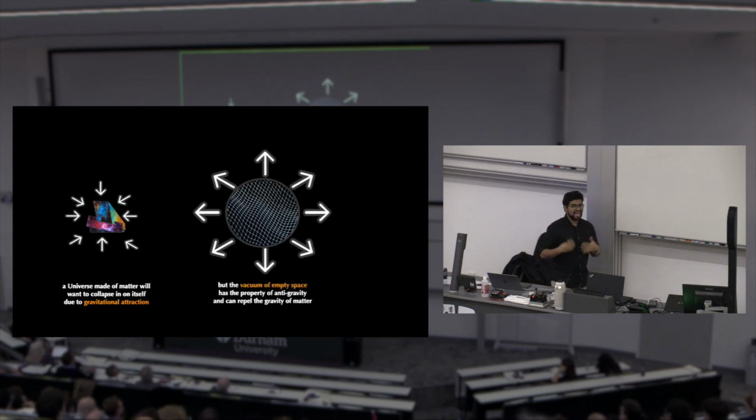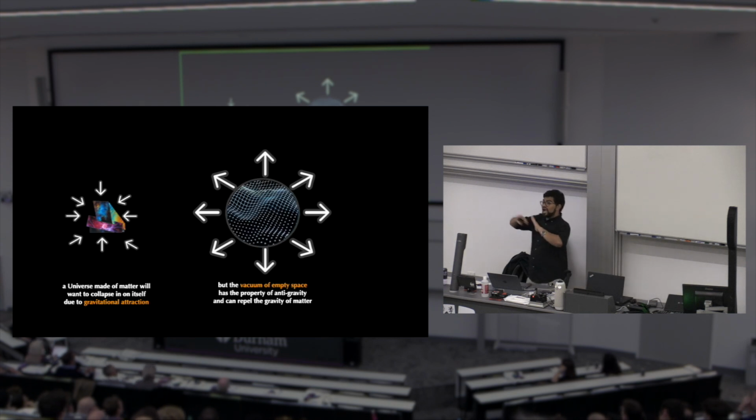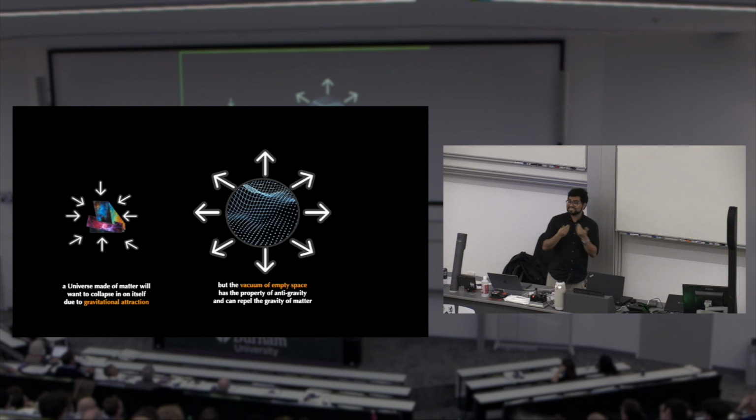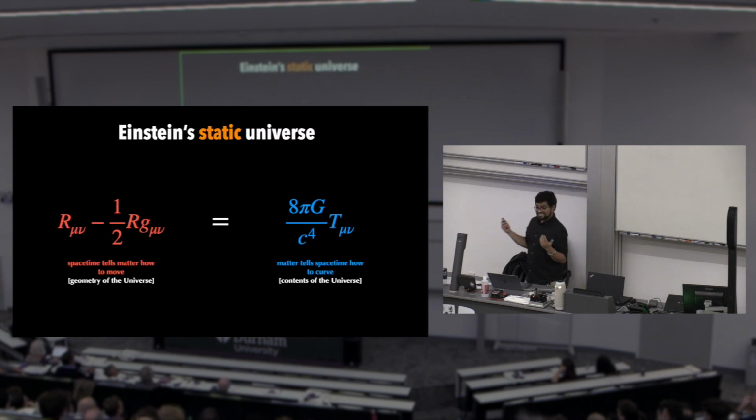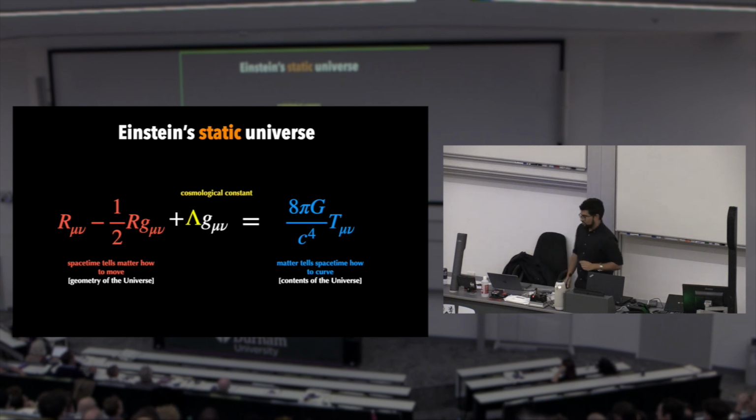You can say, let's say that space and time has a fundamental property to it, the so-called vacuum of space, which we know through quantum physics, that causes the space-time itself to repel gravity because it has an anti-gravity property. So the vacuum of space and time will counteract this and cancel out perfectly gravitational collapse, leaving you Einstein's static universe.